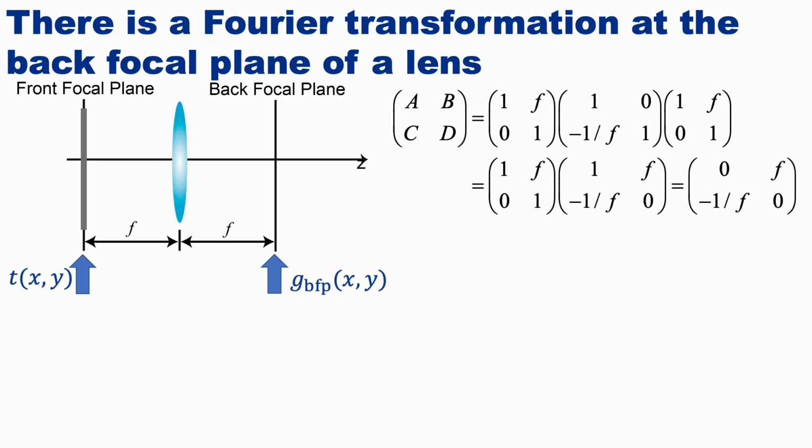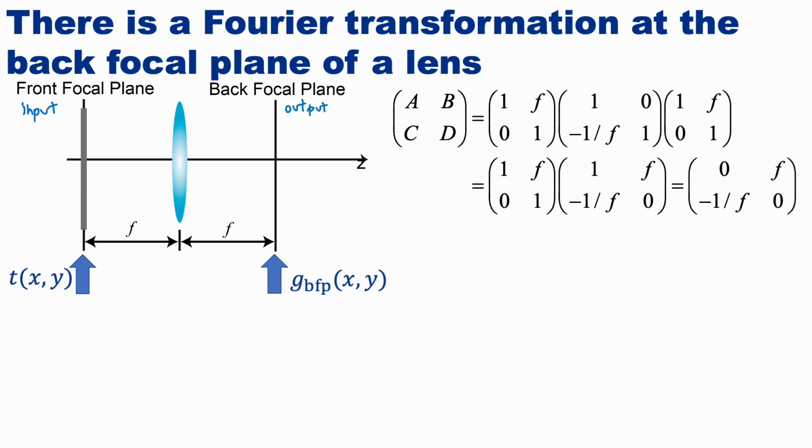All right, so let's see now. I really want to show you how lenses can make a Fourier transform. So we have our input, it's our front focal plane, and we have a transmittance, and we want to see at the back focal plane, this is gonna be my output.